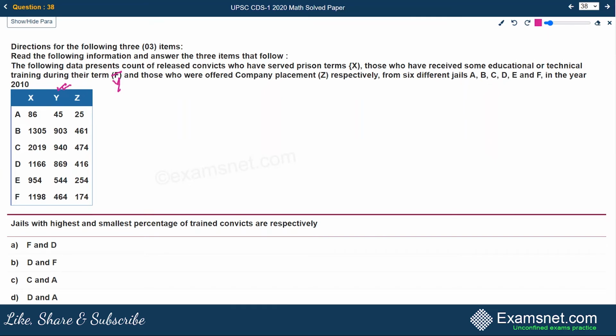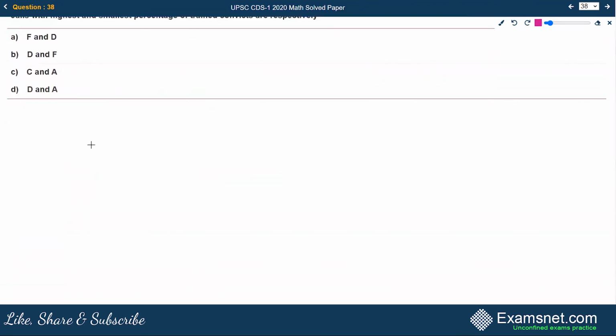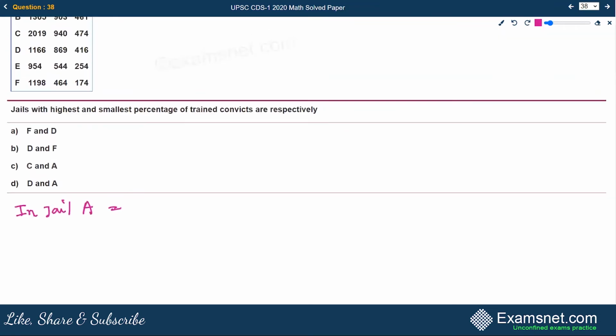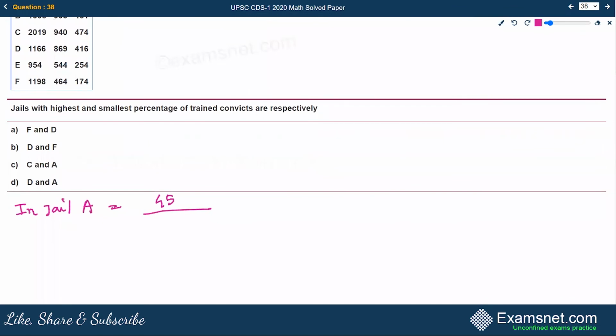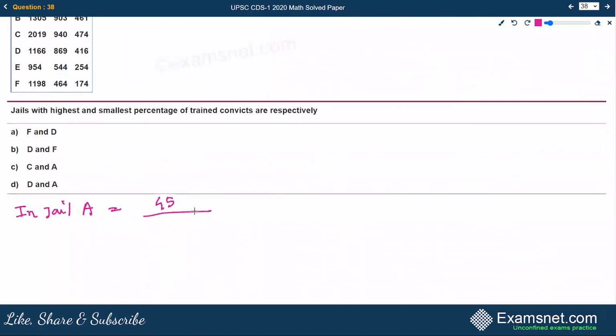So from jail A, we can see 45 convicts got training. To find the percentage out of the total number of convicts, that is 45 by the total number of convicts.